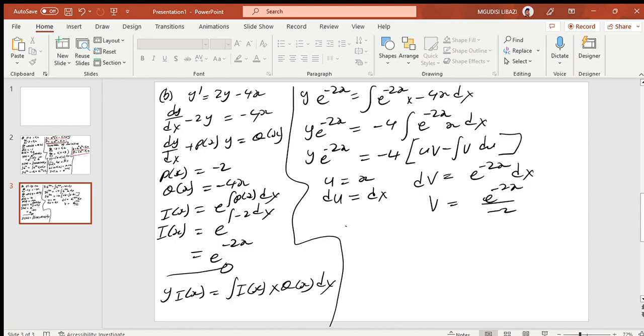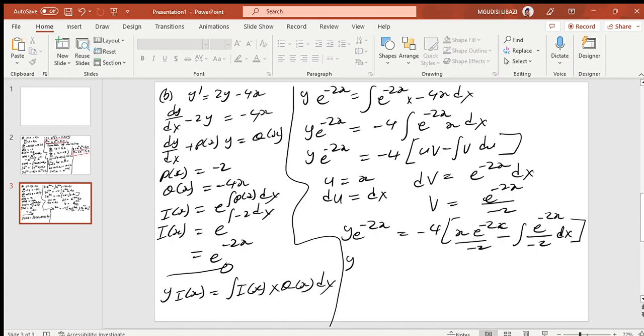So now I'm going to get y e raised to -2x, which is going to be -4 into u, and our u is x multiplied by v, which is e raised to -2x all over -2, and then minus integral of v, where v is e raised to -2x all over -2, and our du is the same as dx.